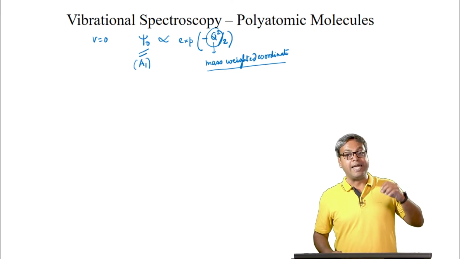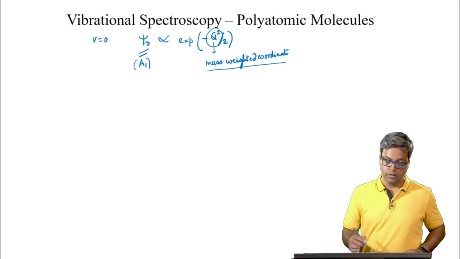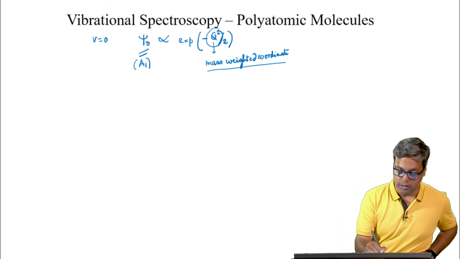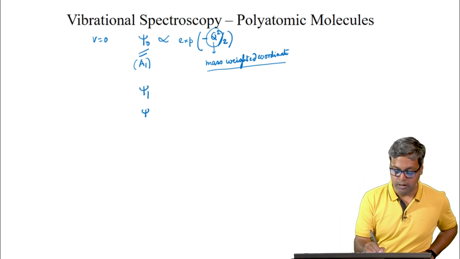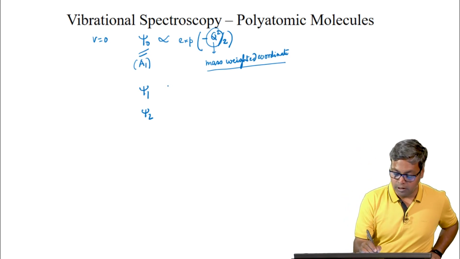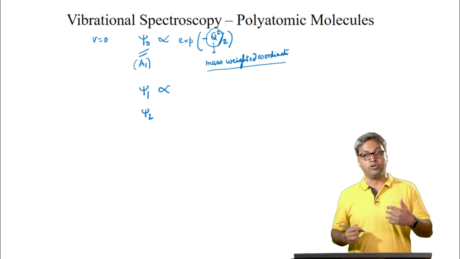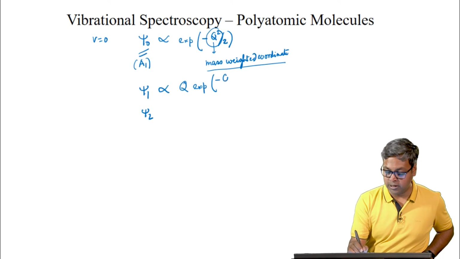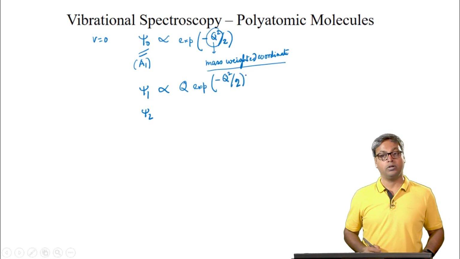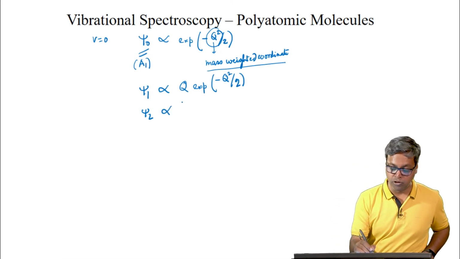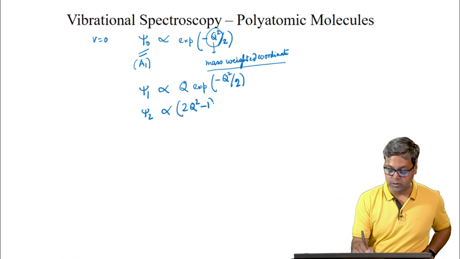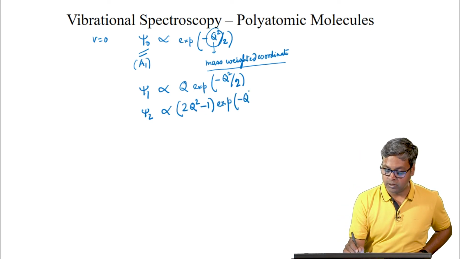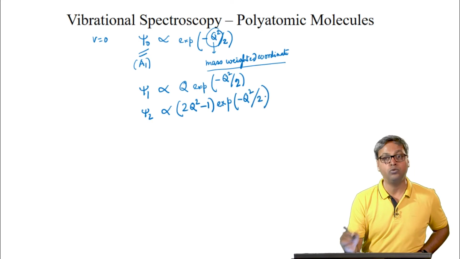Now, let us look into the excited vibrational states. So, the first two vibrational excited states can be represented by psi 1 and psi 2. So, psi 1 is proportional to q times exponential minus q squared by 2, and psi 2 is proportional to q squared minus 1 times exponential minus q squared by 2.